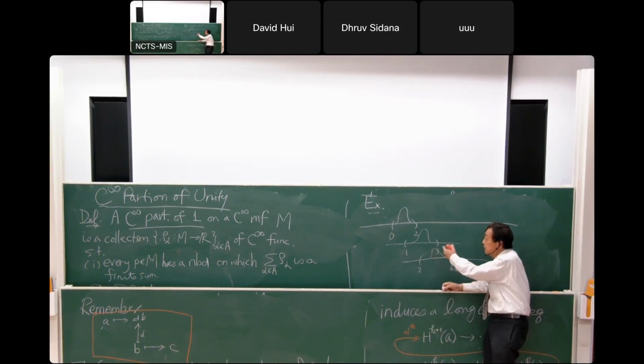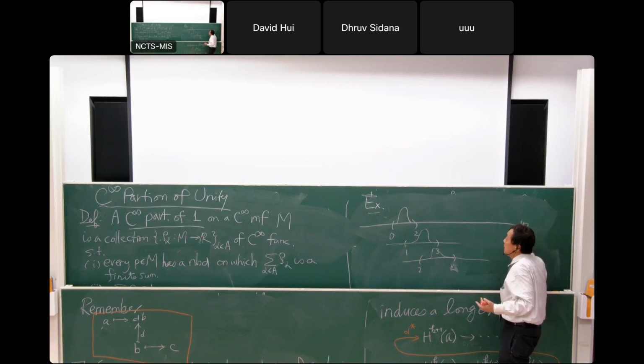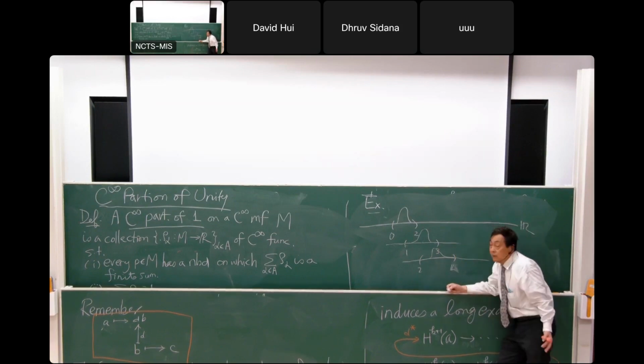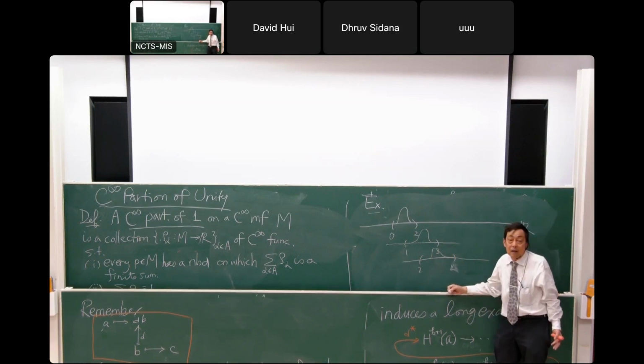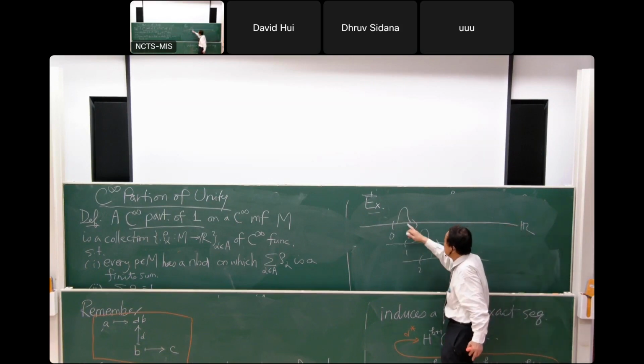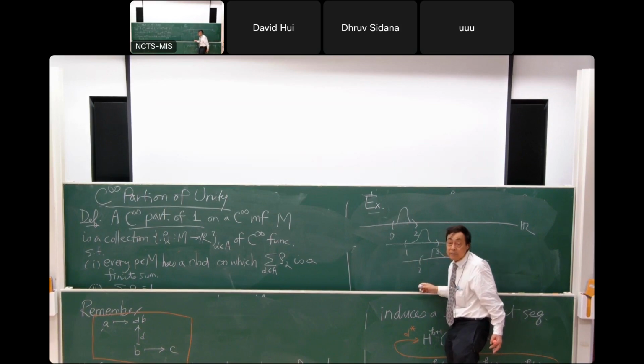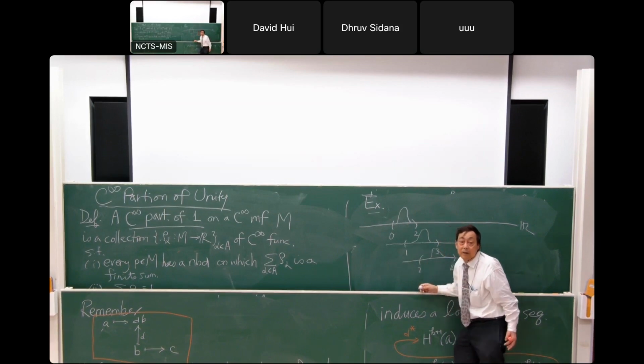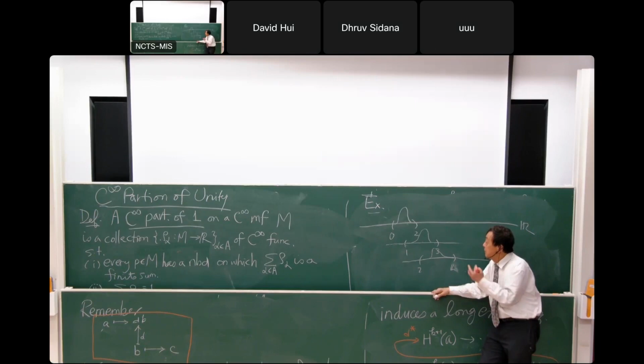So you have infinitely many functions. And on the real line, okay, they're all non-zero. But when you add them, you see that every point has some open set on which only finitely many of them are non-zero, okay? So you can have infinitely many functions that's locally finite.